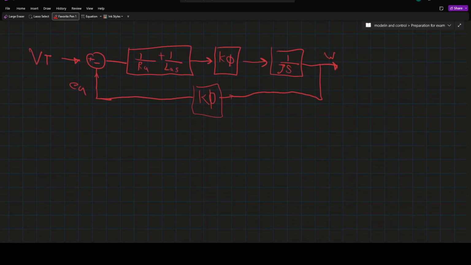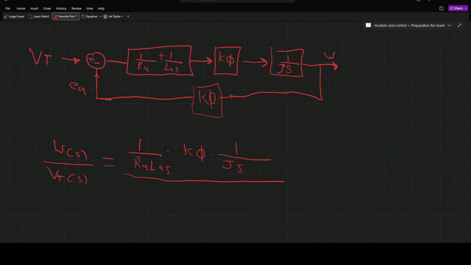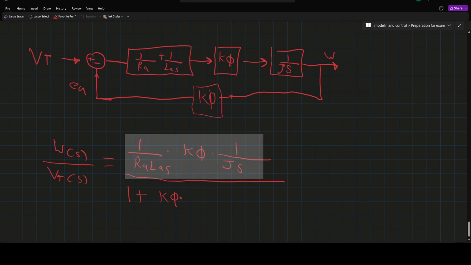So now we can write our transfer function. That will be omega S over VT X. Remember, our output over our input equals to the top part, that is 1 over RA times K5 times 1 over JS, this over 1 plus K5 multiplying all of this.